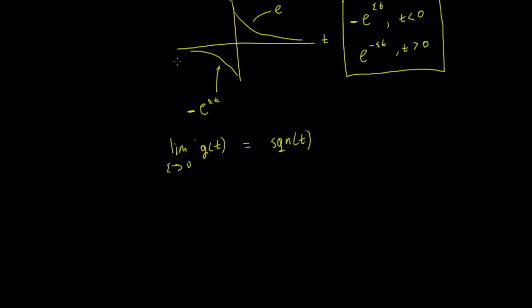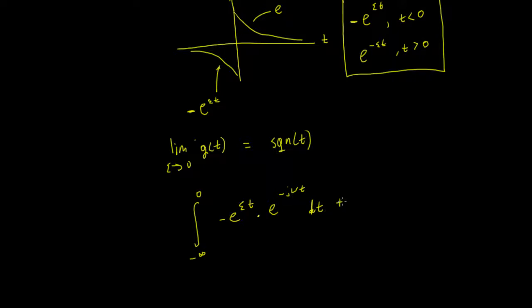We'll split it into two, so it's going to be the integral from minus infinity to 0 of that part of the function, which is minus e to the epsilon t times e to the minus j omega t, that's us just taking the Fourier transform of it, dt.